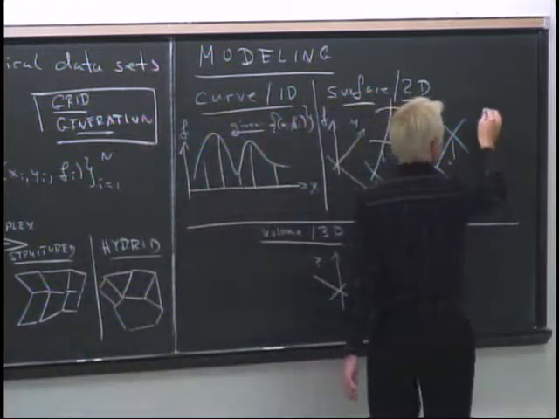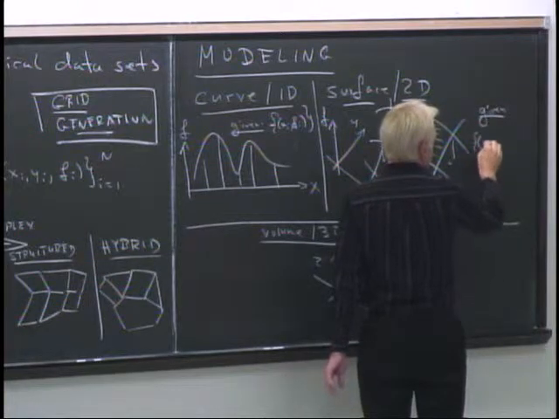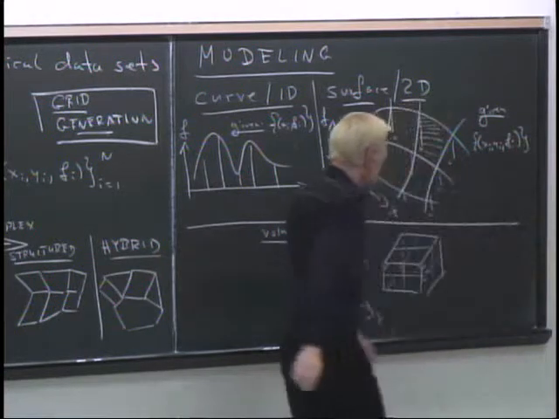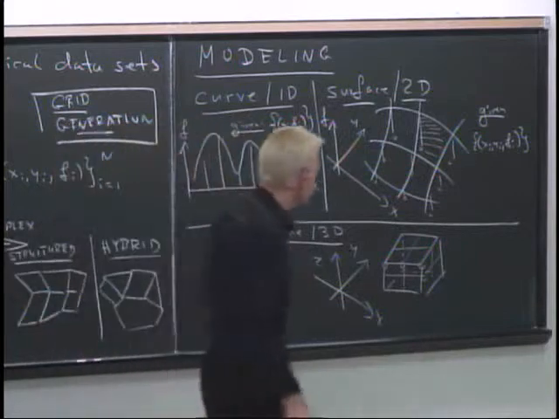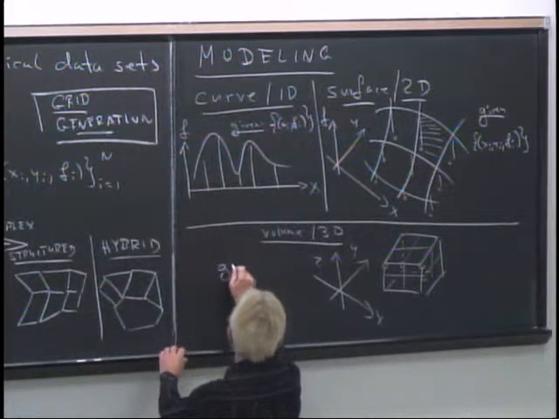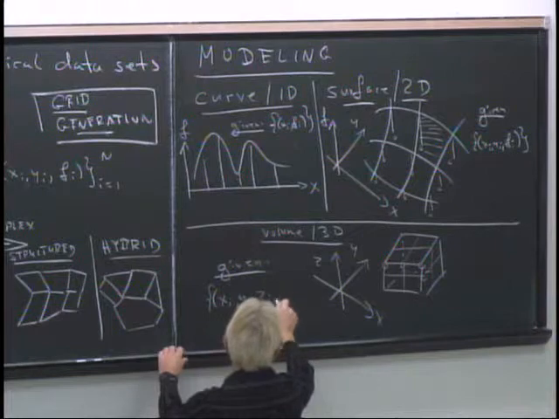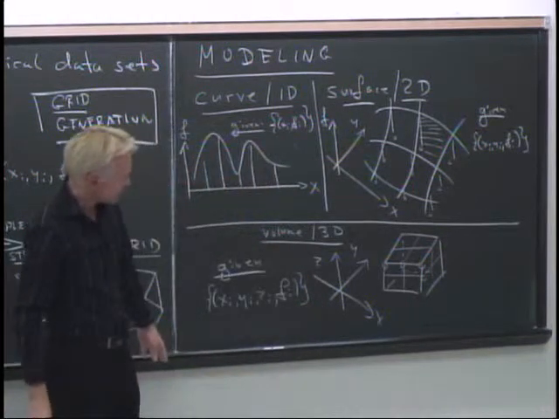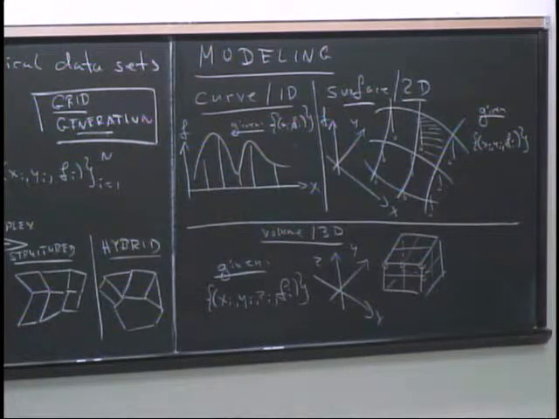Here the input would be a bunch of xi, yi, and fi tuples. And here the tuples would actually be quadruplets. So the data would be x's, y's, z's, and at least one dependent variable. And how do we get from the finite and discrete to the continuum?